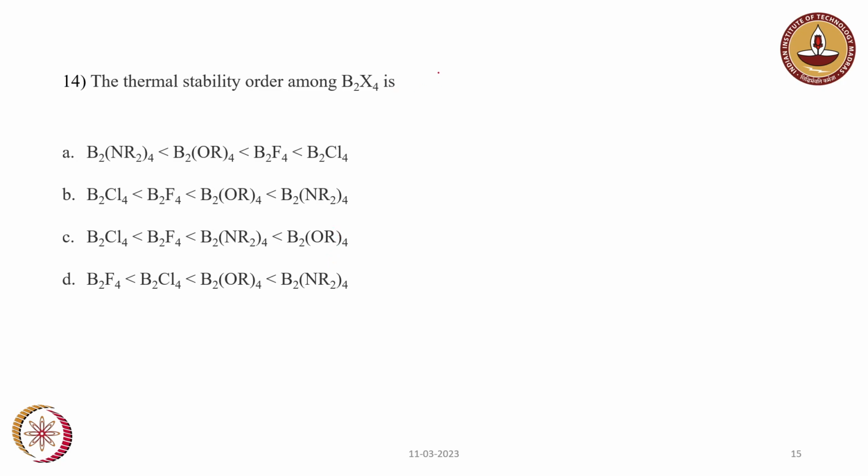So the stability of B2X4 is proportional to the ability of X to form pi bond, by back donation.